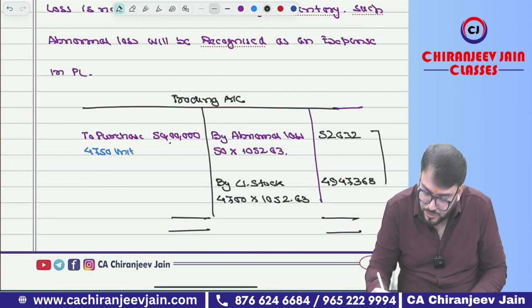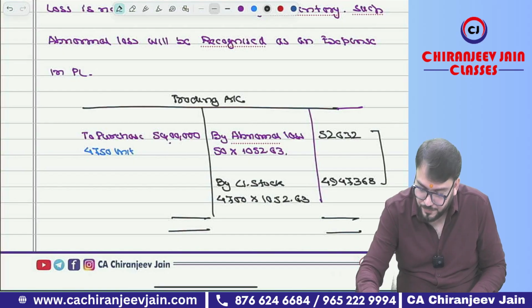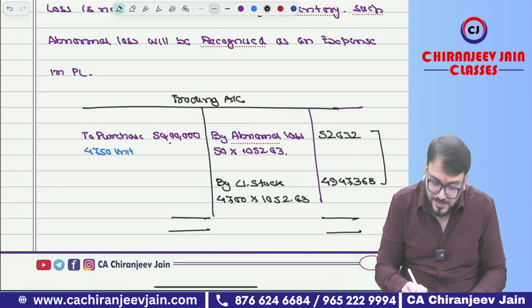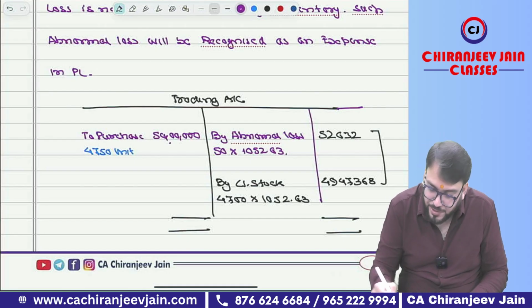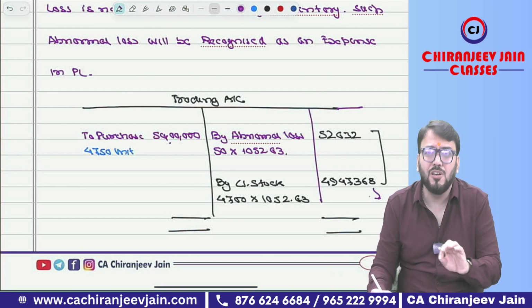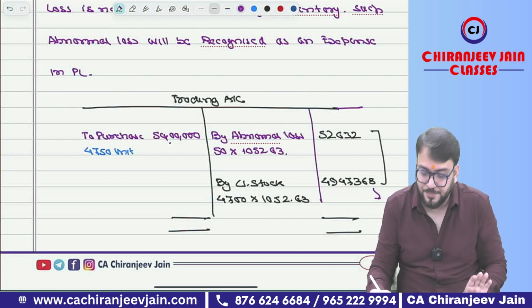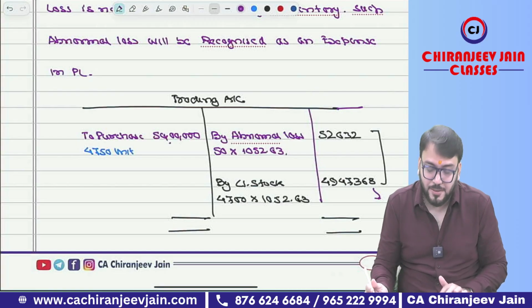The sum total of these two will be equal to 50 lakhs. Check karo. 52,632 plus 49 lakh 47,368. Exactly 50 lakh, which means here we have done rounding off. I know there was some rounding off difference, so I have already added it. Okay, sir.